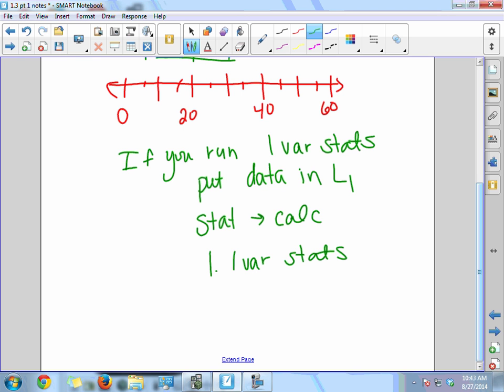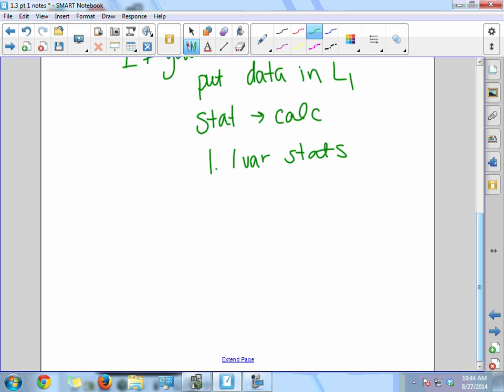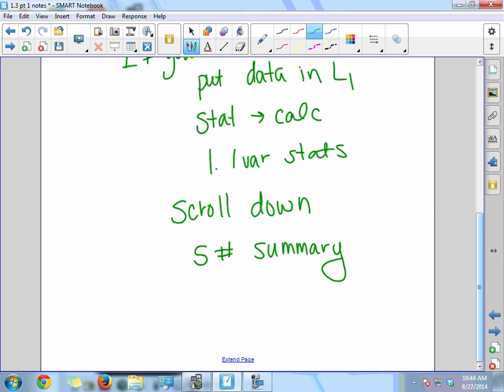Then this will actually calculate your 5-number summary for you, which makes it a little less tedious. I mean, I know we all don't want to order the data and find the median by hand and then find Q1 and Q3 by hand. So let's just not do that. I'm not about all the tediousness. So then you'd have to scroll down once you run your 1-bar stats, and then you'll see your 5-number summary. And that'll make it a lot easier for you to make a box plot.